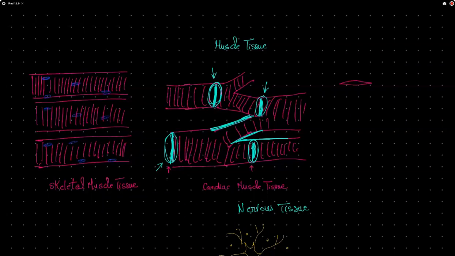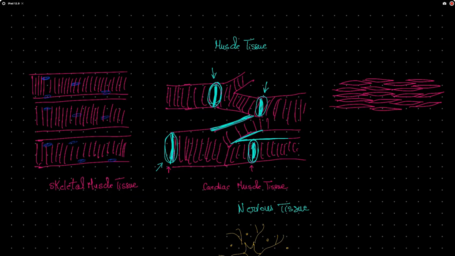What if I'm looking at cells occupying the whole thickness of the tissue? Again, I'm not lining a space. I'm not nerve cells. And those cells are spindle-shaped cells. Each of them has one nucleus.